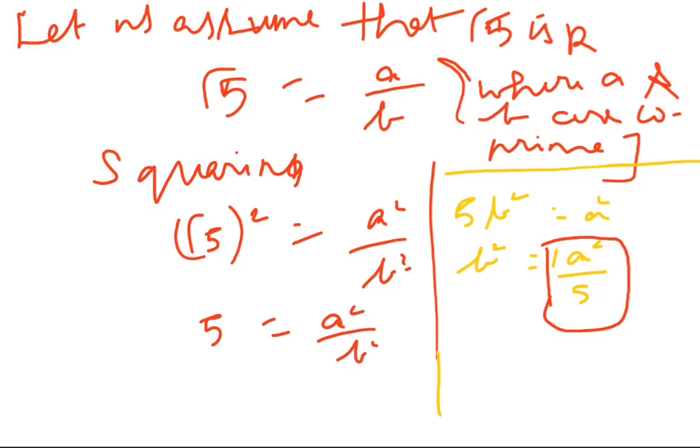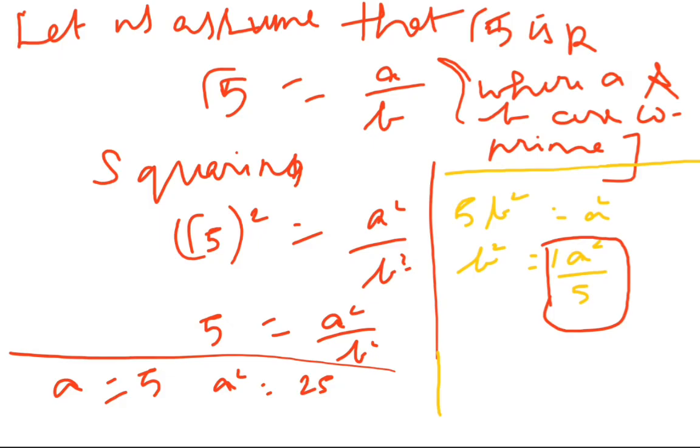If a is equal to 5, then a square will be equal to 25. So if a square is divided by 5, then 5 is also divided by 5. I am just saying this as an example, there is no such value for a in this sum. So now let us continue.